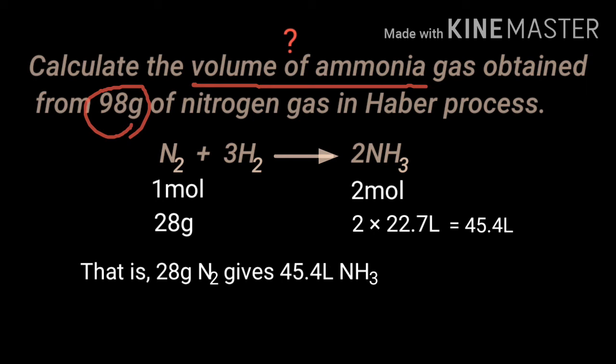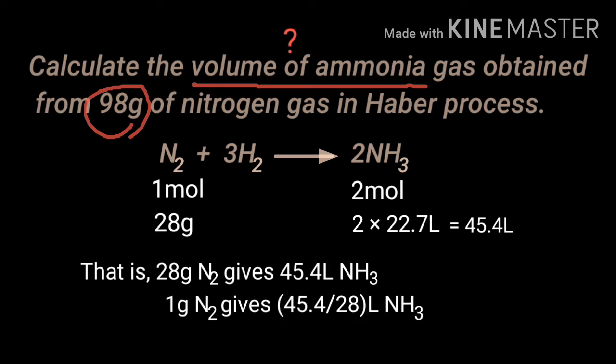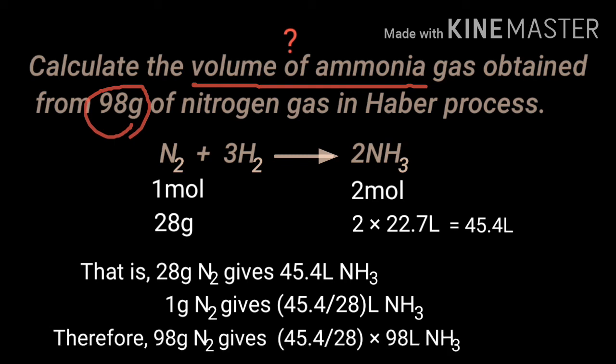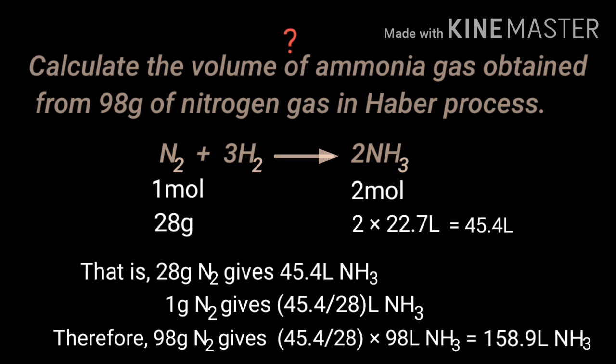That is, 1 gram nitrogen gives 45.4 divided by 28 liter ammonia. Therefore, 98 gram nitrogen gives 45.4 by 28 into 98 liter ammonia, which is equal to 158.9 liter ammonia.